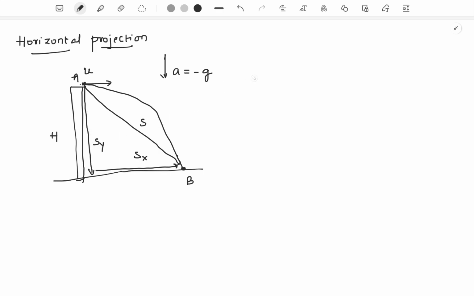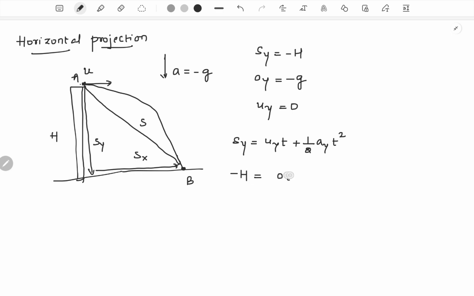So if the particle goes from A to B, the y component of displacement would basically be minus h, the y component of acceleration would be minus g, and the initial y component of velocity was 0. So let's use this equation, sy is equal to uy t plus half ay t square, in order to find the time taken for that displacement. Minus h is equal to 0 into t plus half into ay, which is minus g, into t square. We would basically get t is equal to root of 2h by g. So that's the time taken by the particle to go from A to B.